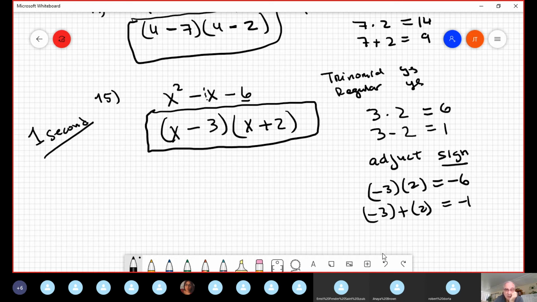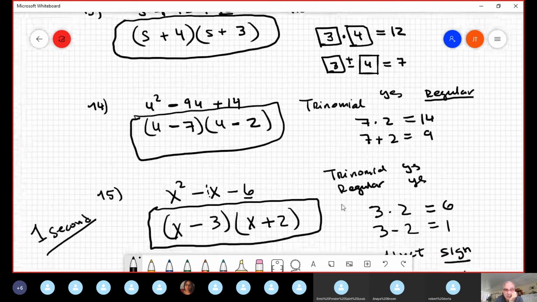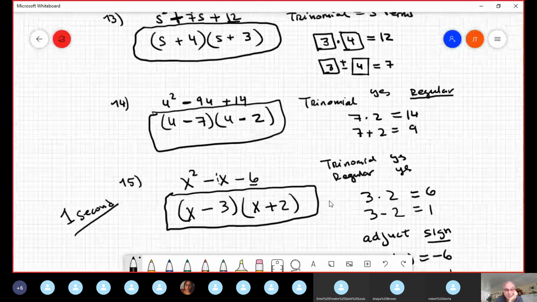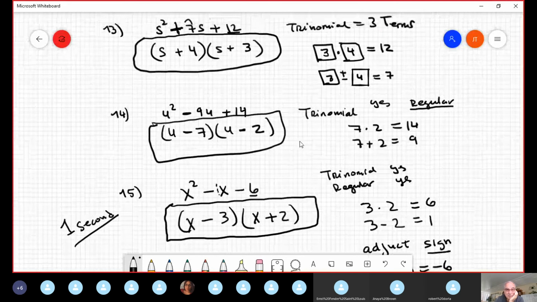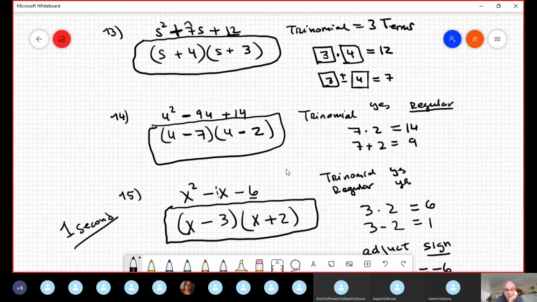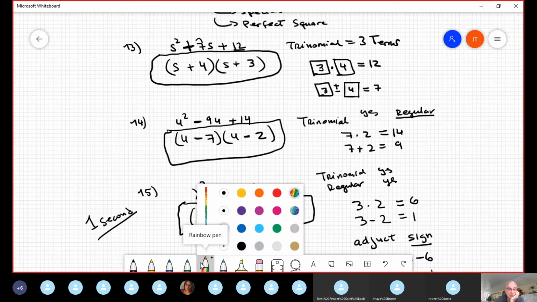Okay, you analyze the sign. Let me analyze these 3 examples we are doing of the trinomial. Let me zoom. Guys, pay attention, this is an important moment, using the rainbow pen.